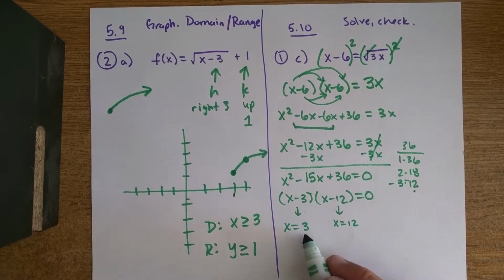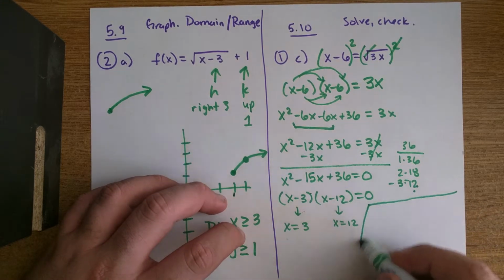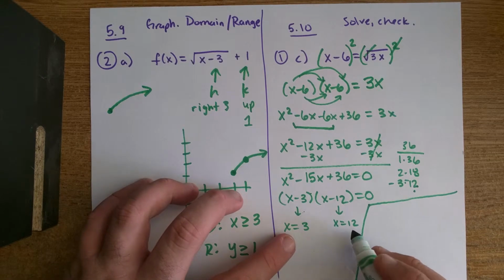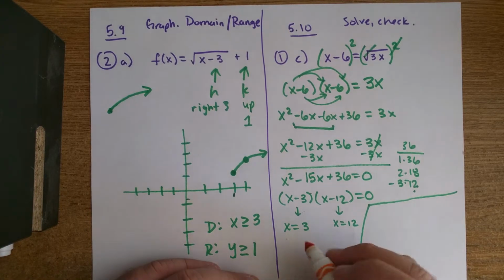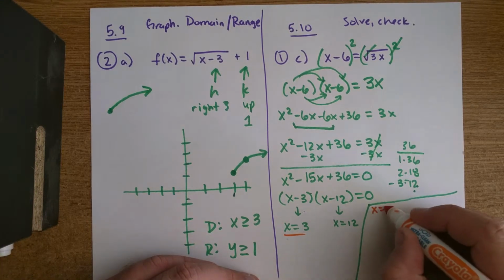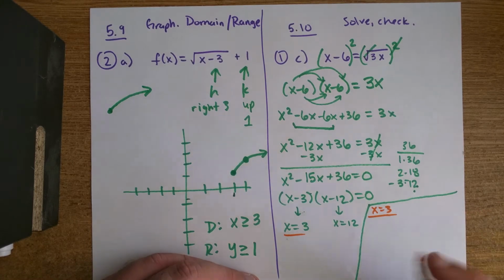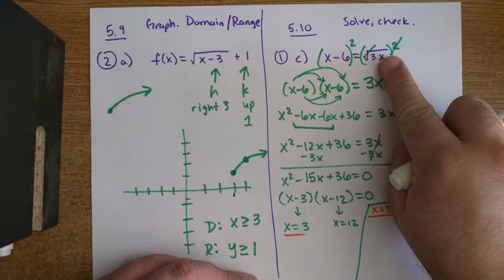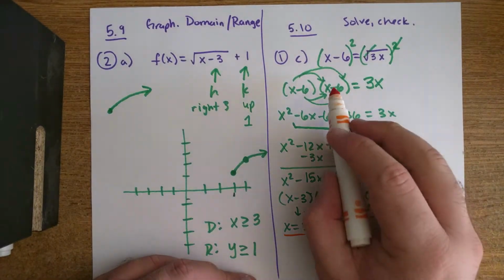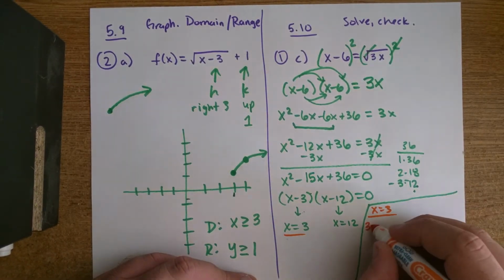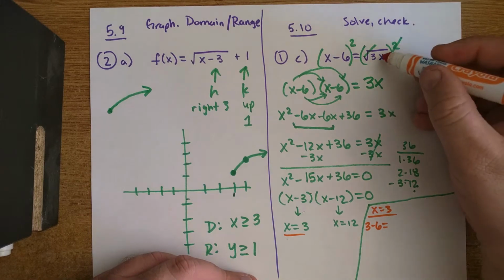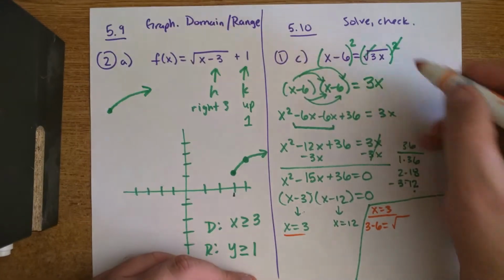So let's see each one. I'm not going to circle these yet because I have to check these. I'll switch to a different color so it's not all blending together. So let's try 3 out right here. We're plugging 3 into the original problem before we even squared it. So it was x minus 6, that becomes 3 minus 6 equals the square root of 3 times x.